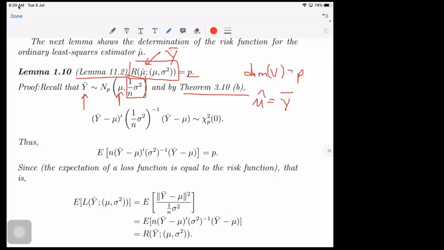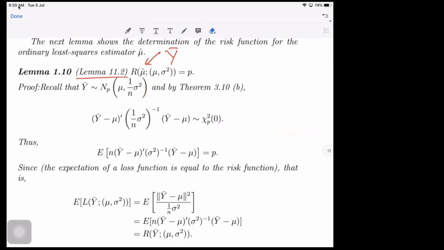By theorem 3.10b in chapter 3, Y bar minus mu, with our sigma in this scenario being 1 over n sigma squared because the estimator we are using is Y bar, is chi-square central with p degrees of freedom.